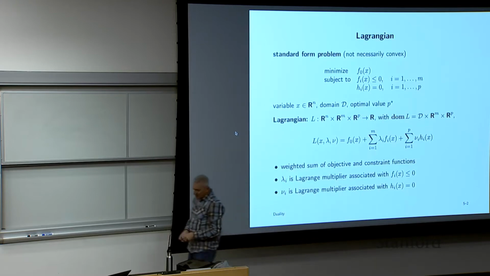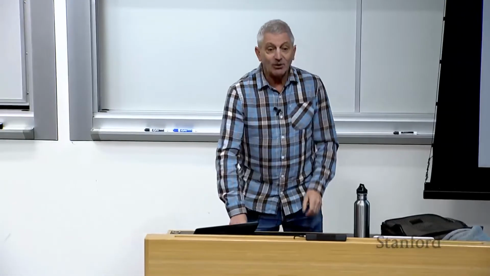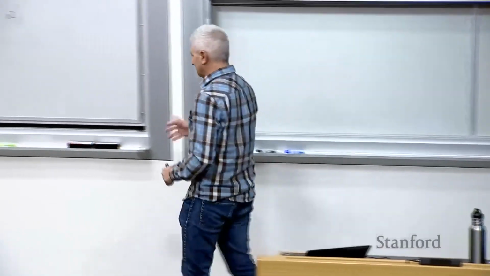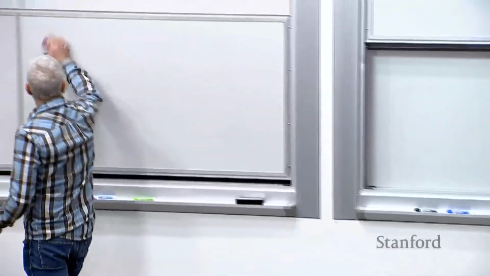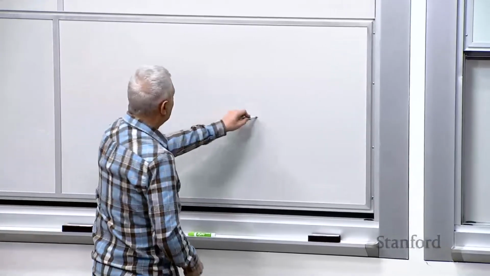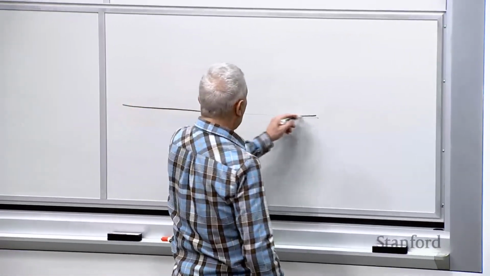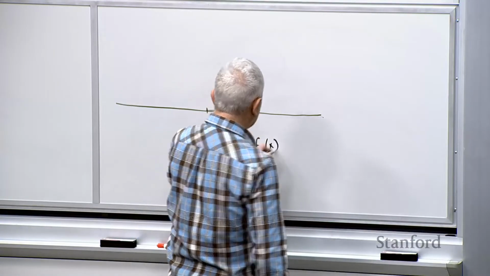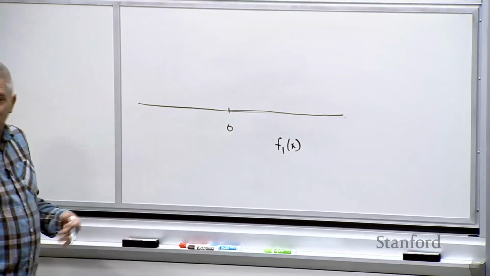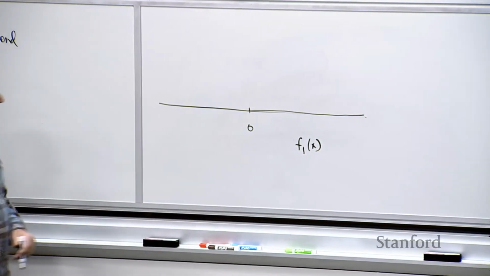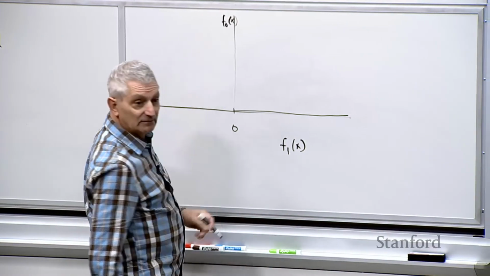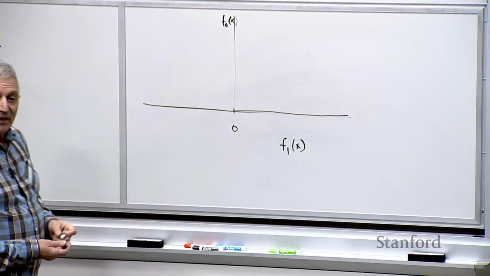Also, let me just draw a picture to show you how appallingly naive this looks, because it's very weird. Let's have a problem. This is 0, and this is f1 of x, and I'm going to plot the objective f0 of x here.